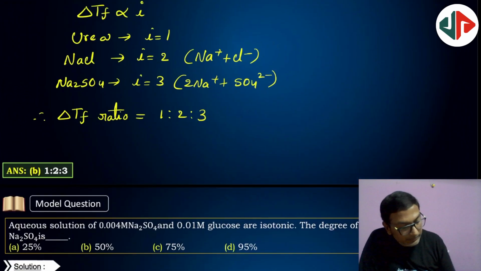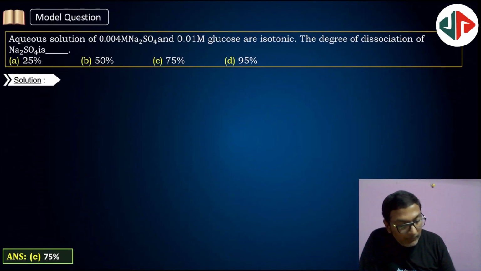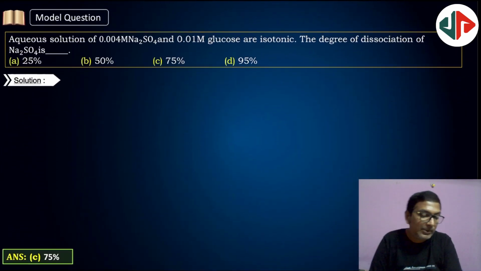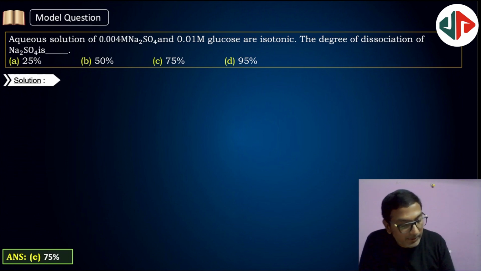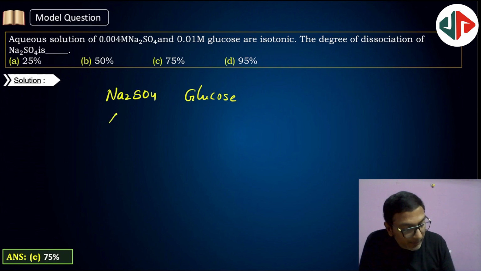Next. An aqueous solution of 0.004 molar Na2SO4 and 0.01 molar glucose are isotonic. Degree of dissociation of Na2SO4? So here I am taking Na2SO4 and here glucose. These two are isotonic, so say this is pi 1 and pi 2.